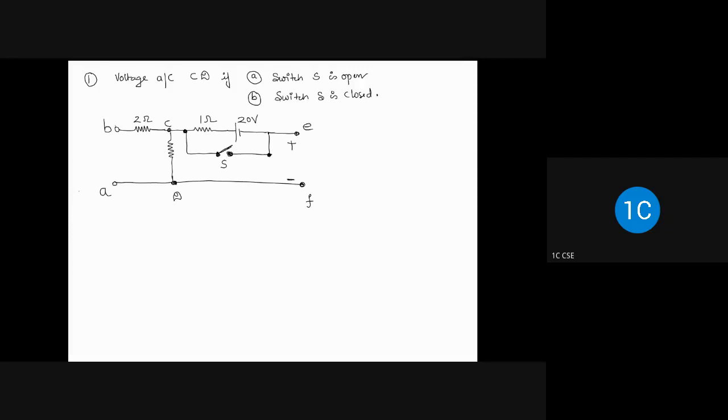This is the polarity sense in which voltages are measured, upper side positive and lower side negative. The supply voltage is given as 120 volt, and the voltage across EF is given as 100 volt. There's a battery between node B and A, and a battery between node E and F.